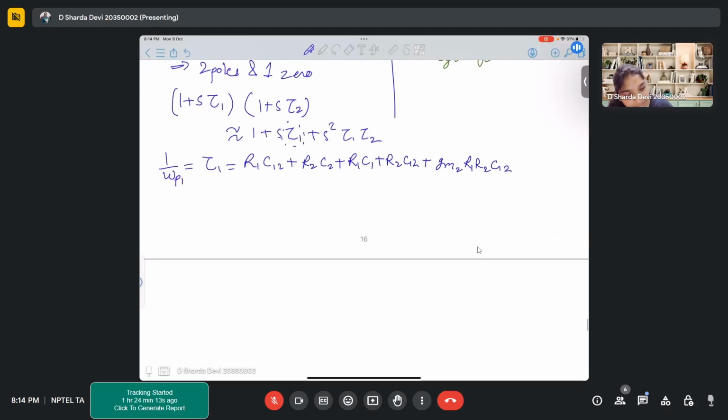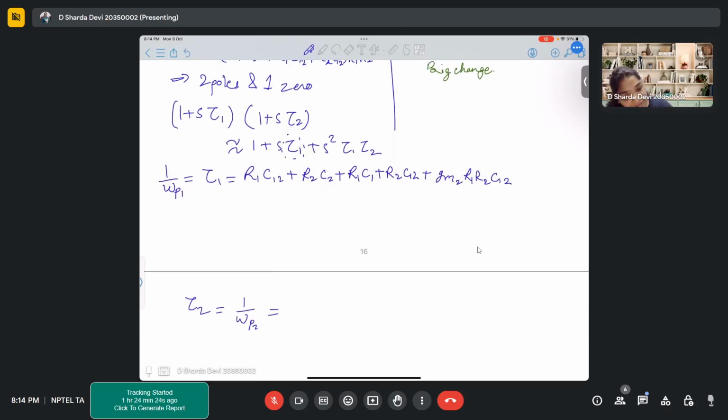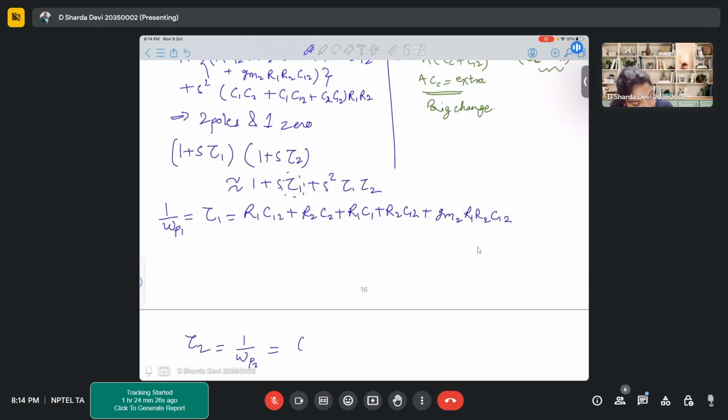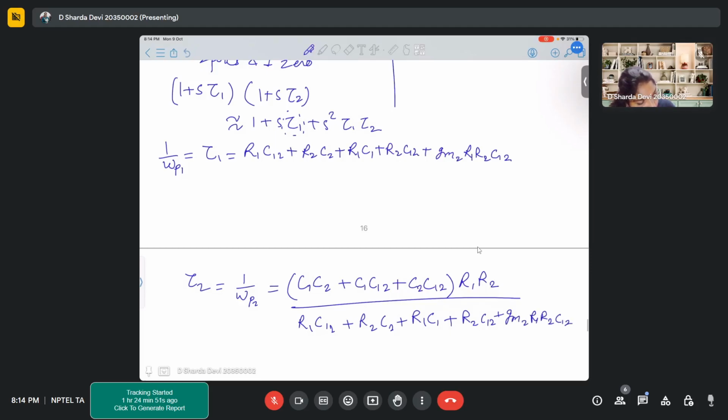Now for tau 2, see here, it is S square tau 1 tau 2, right? So if I want to find tau 2, that is 1 by omega 2, I can simply write it as the factor which I have for S square, that is (C1 C2 plus C1 C12 plus C2 C12) into R1 R2, divided by tau 1, which is R1 C12 plus R2 C2 plus R1 C1 plus R2 C12 plus GM2 R1 R2 C12.